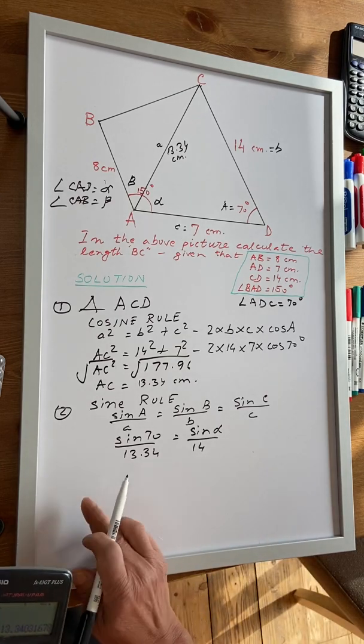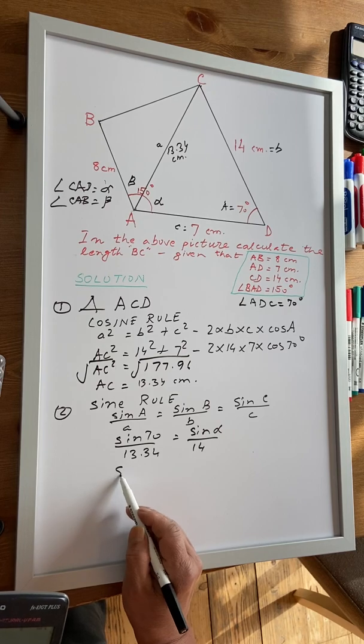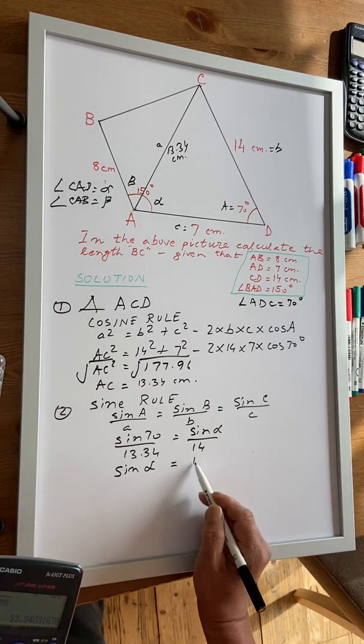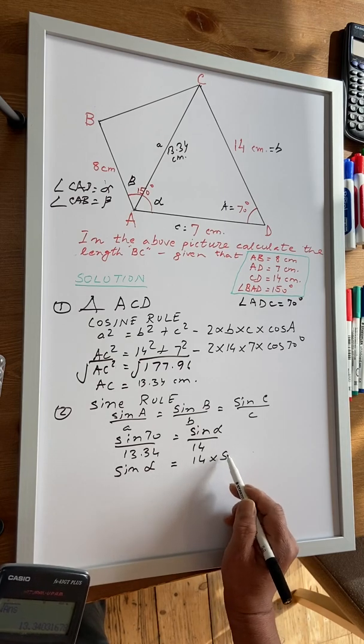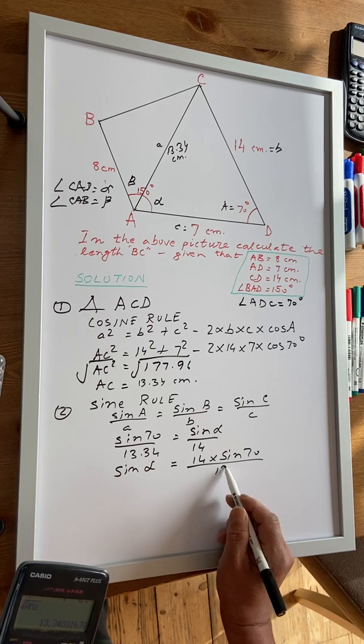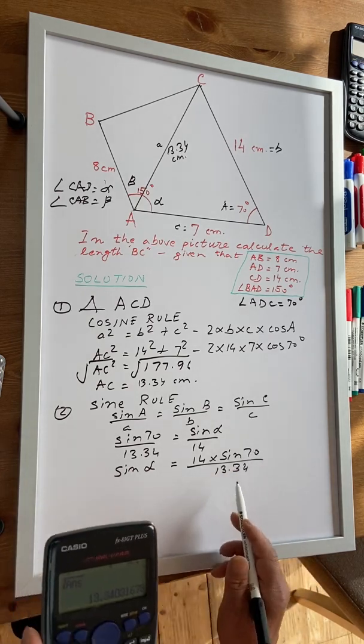Now we want to find out what is the value of alpha. Sine alpha is equal to 14 times sine 70 divided by 13.34. We have used cross multiplication.